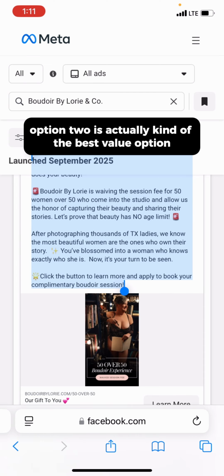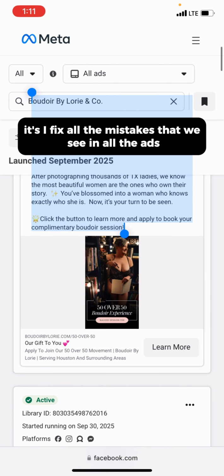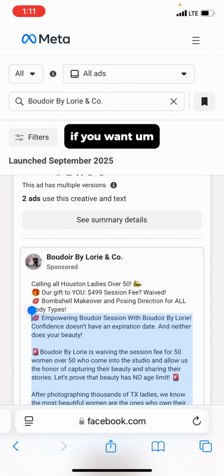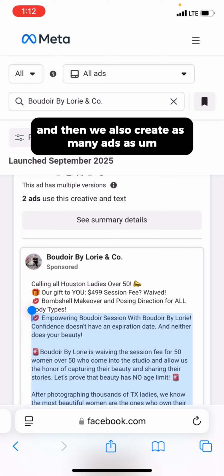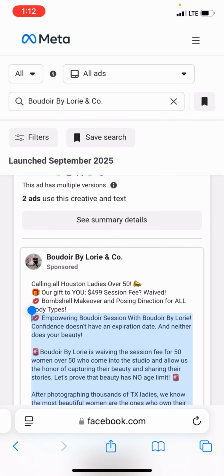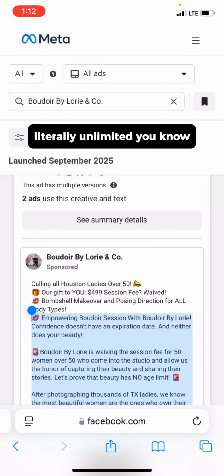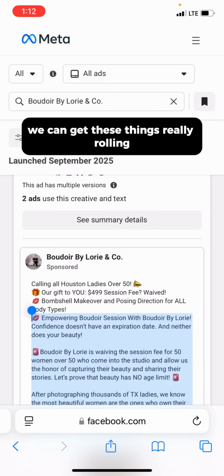Now, option 2 is actually kind of the best value option. I fix all the mistakes that we see in all the ads, if you want. And then we also create as many ads as you want. $100 a month, literally unlimited. We can get these things really rolling.